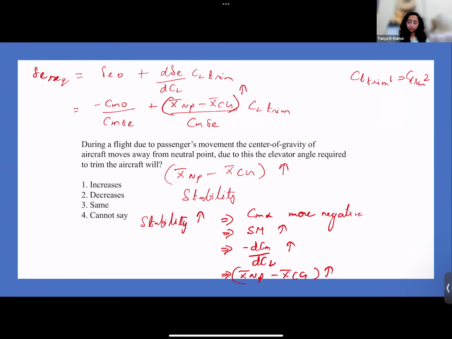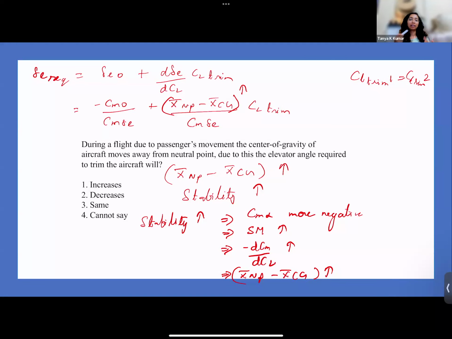So now tell me, for our question, does the stability increase or decrease? Increases, stability increases, right? Okay. Now look at the question. It is very similar to the previous question that we had. What it says is the center of gravity moves away from neutral point.